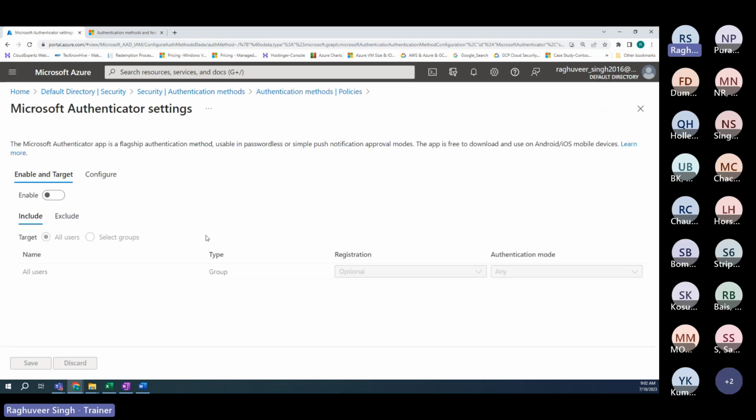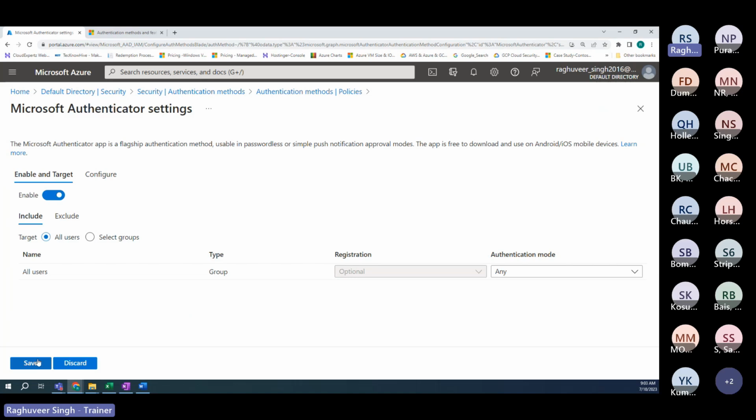So I'll select Authenticator and then I will enable this authentication method and I'll select my users. So if I want to configure multi-factor authentication for my users, all the identities who are part of this Azure Active Directory tenant, I'll come to the screen, enable the Authenticator, and then I'll select the target, whether it is for all users or a specific group of users.